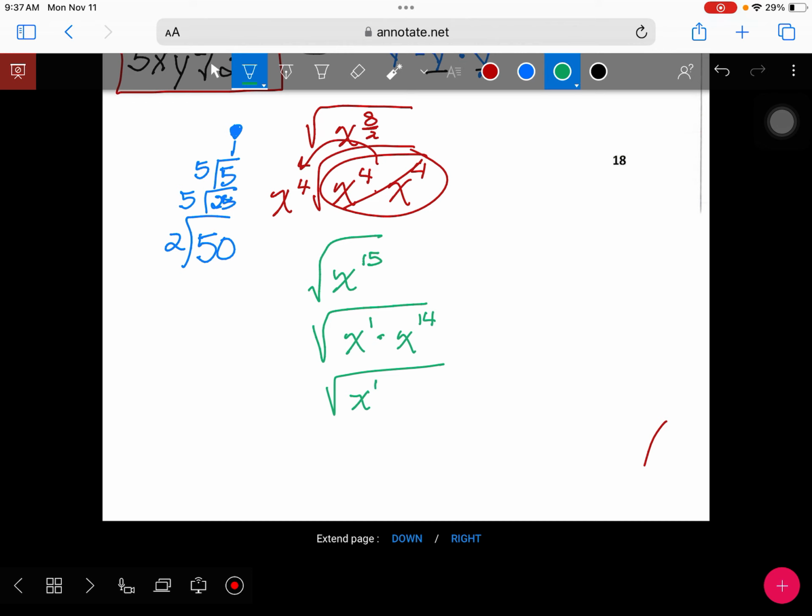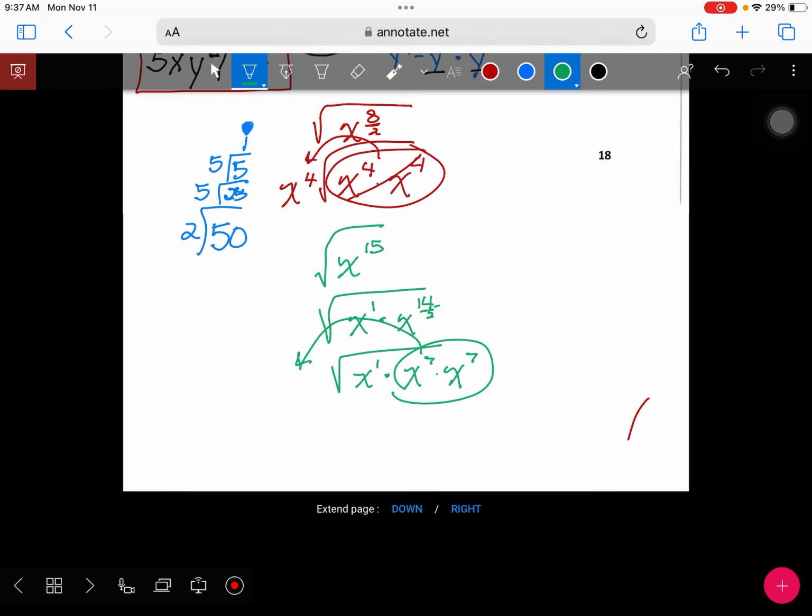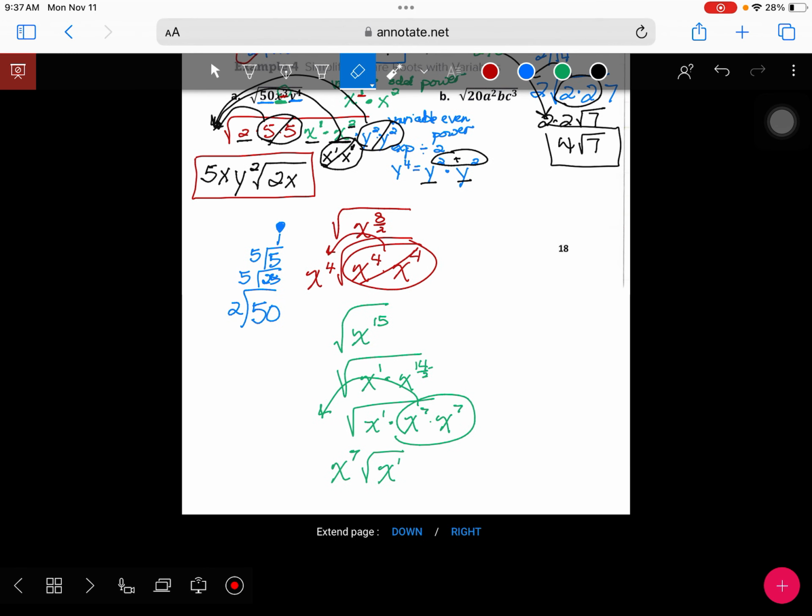So it's x to the 1st times x to the 7th times x to the 7th, because you are finding essentially the square root of x to the 14th. Here's your pair. Only 1 comes out because you're looking for the square root, not the whole thing. So that would be x to the 7th times the square root of x. Okay? So it is something you have to get used to.